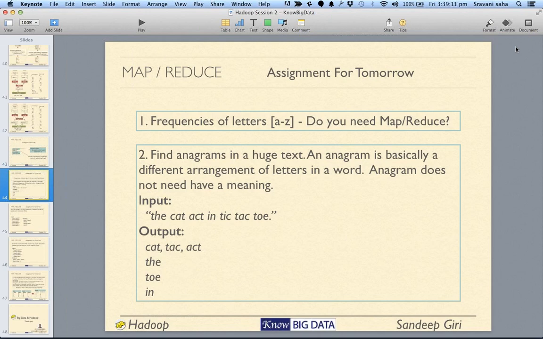Yes, it is going to be an array of integers of length 26. So for this kind of work, though the input is maybe 10 GB, do you need this sophisticated MapReduce for this? Yes or no? Please write your reasoning.